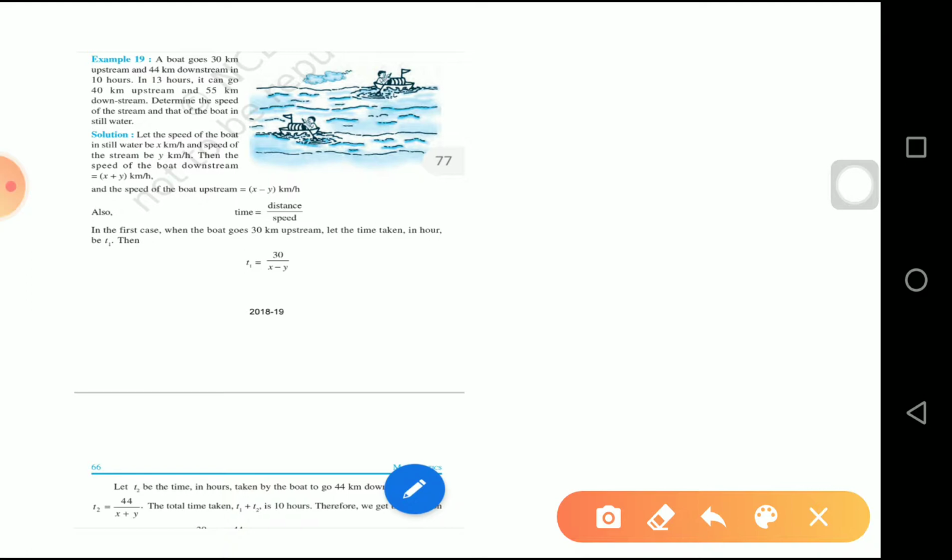If we go against the stream, the flow of stream, then what will happen? This is the direction of flow of the stream. If we go against, then the speed of the boat in still water will be decreased by the speed of the stream.